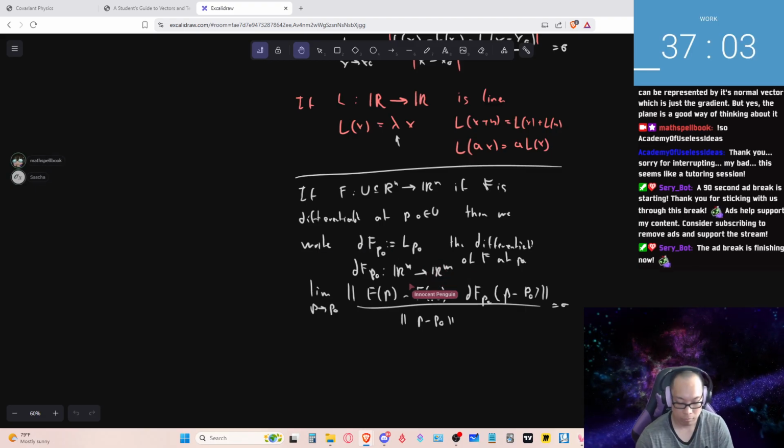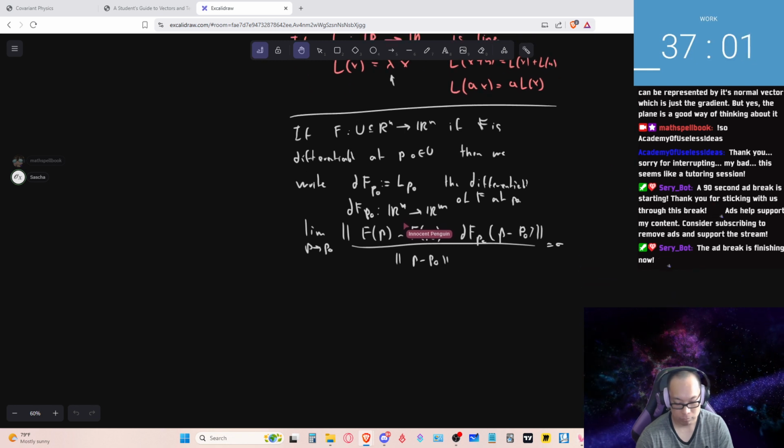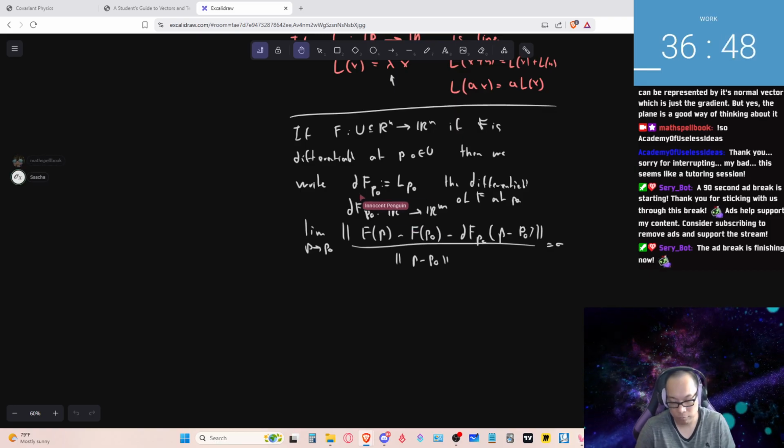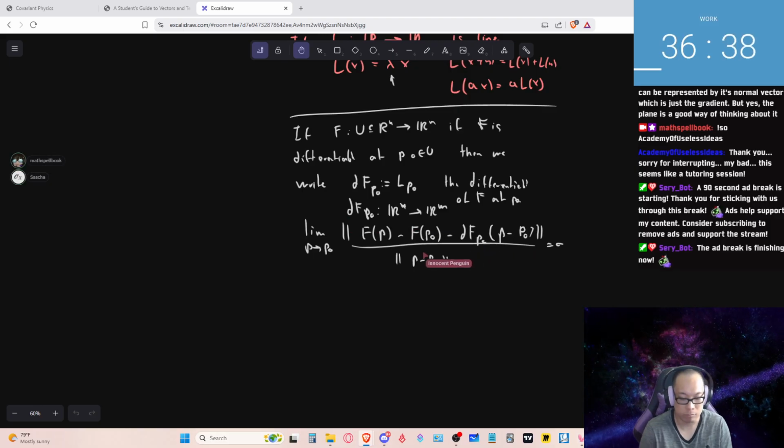And now, usually when you do an analysis class or a calculus class, you will develop a method for finding if a function is differentiable or not, because the definition is kind of hard to check. Usually there's a nicer thing that you can check that ensures that your function is differentiable.